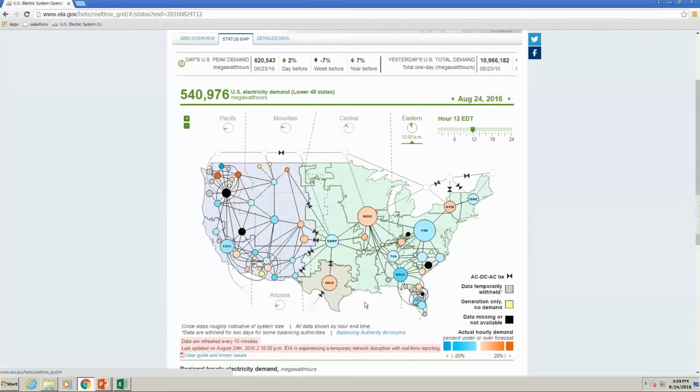The oranges indicate the actual demand is above forecast. And the intensity indicates the percentage above or below forecast. That can indicate, particularly if it's dark orange, a mismatch between what the operators expected through their forecast and what they're actually seeing. That may mean that their system is under stress.